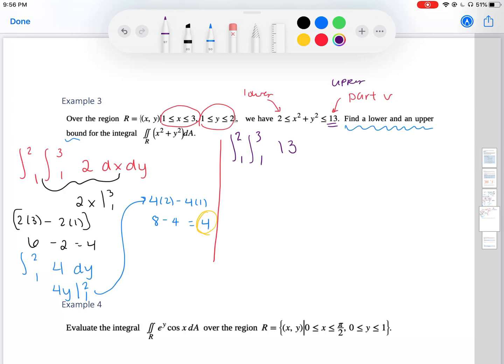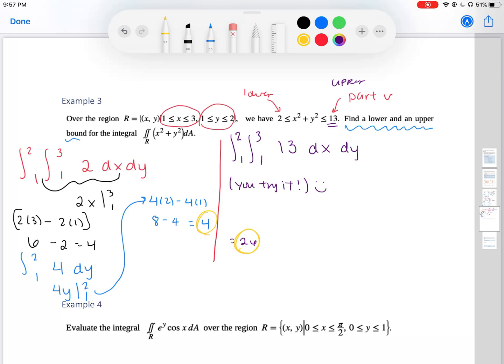This time it will be 13. Now that 3 to 1 comes from our x's, so we must write x first. That 2 to 1 comes from our y's, so we must do the y second. Give this a try. Your answer, when you're done, should be 26.